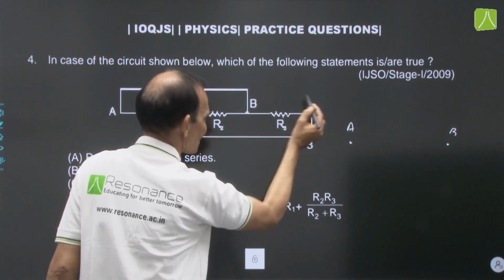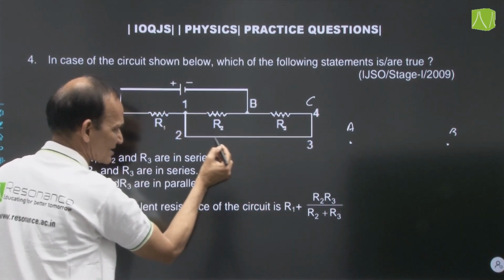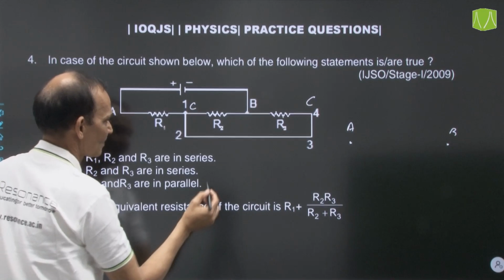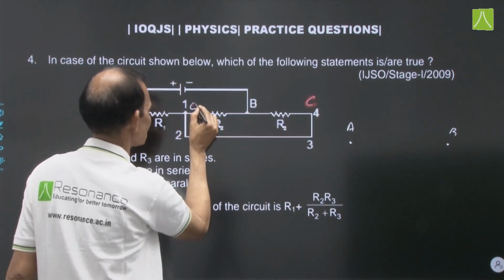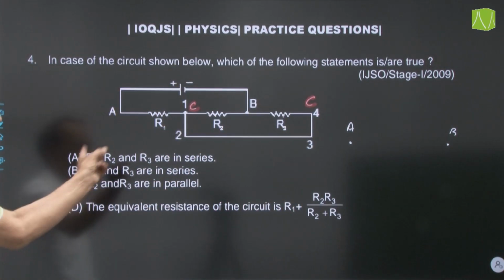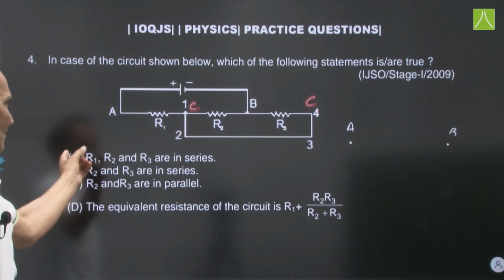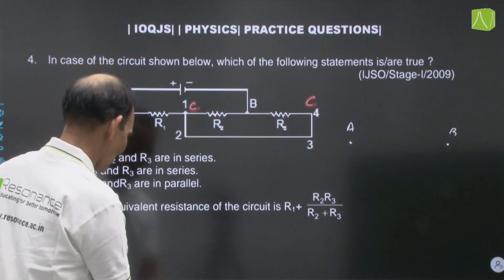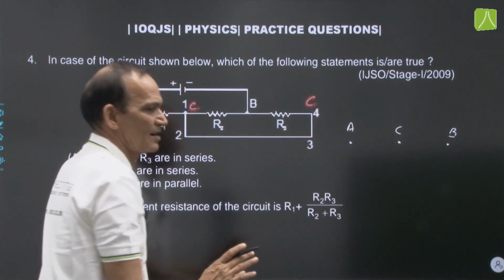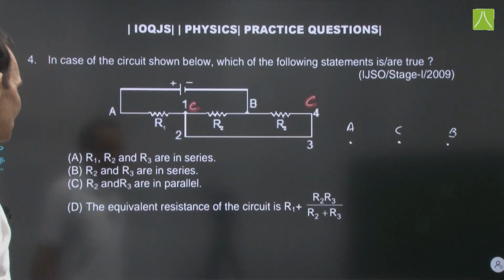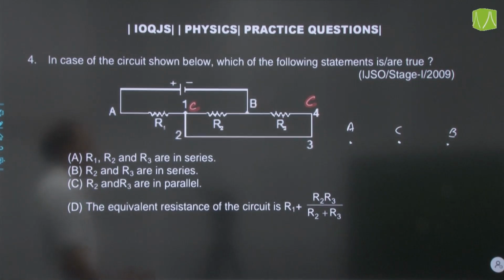Now, suppose this point is C. If we move in this direction, there is no resistance here, so this will also be C. Now, we have 3 points: A, B and C. We have to find the series or parallel connection with respect to A and B. So, write A and B here, and write C anywhere between A and B. The points between which I have to find the resistance, I will place at extreme distance, and all the other points, put them between A and B anywhere.